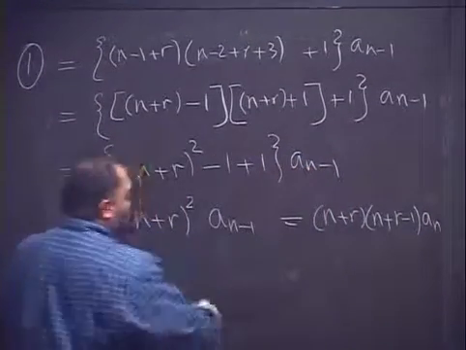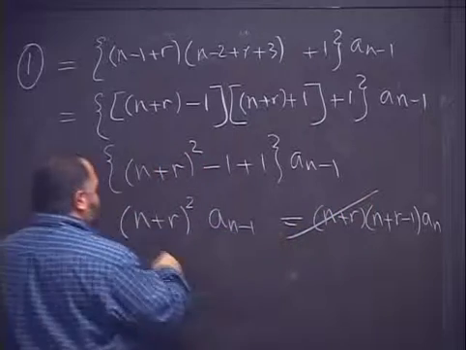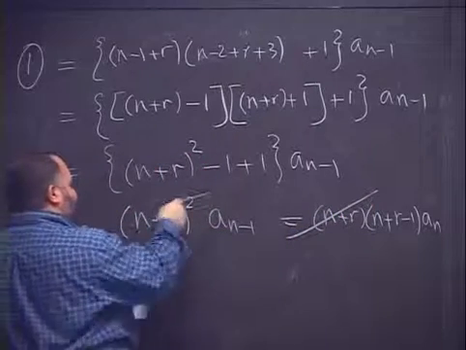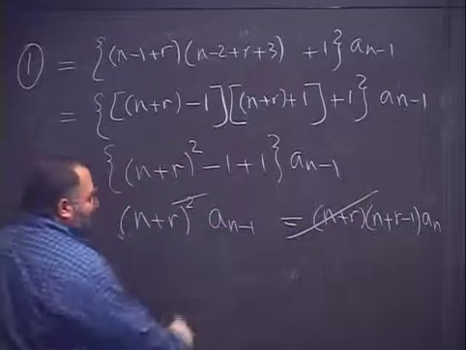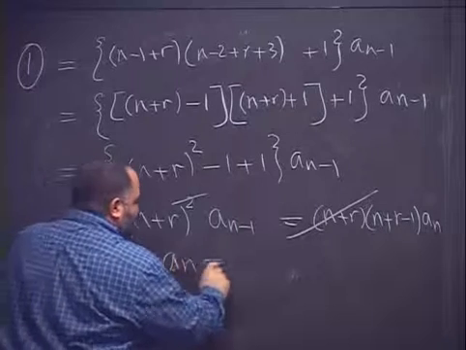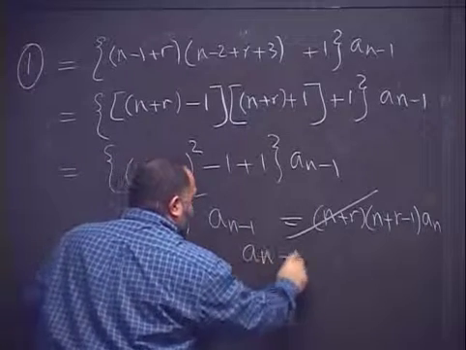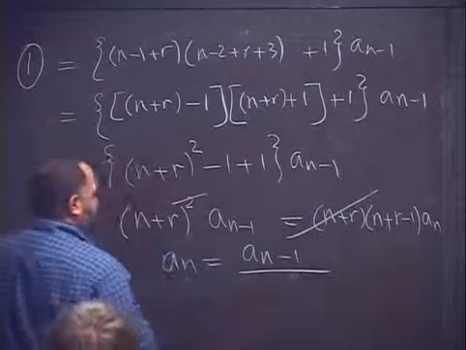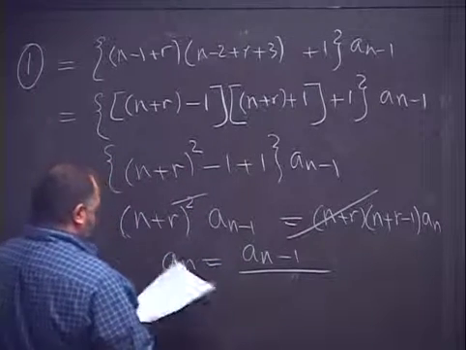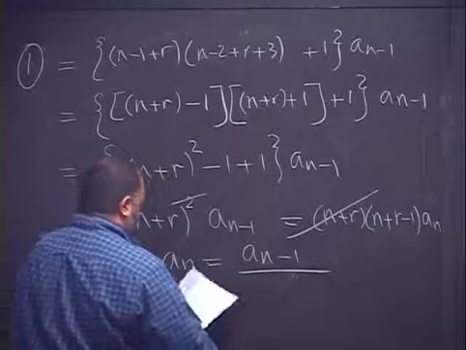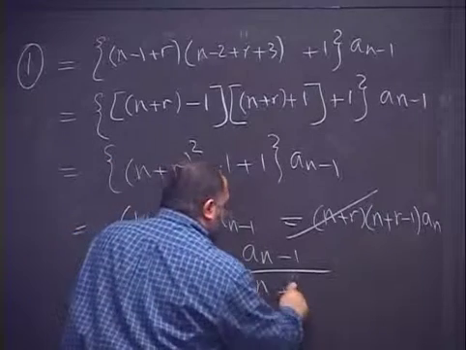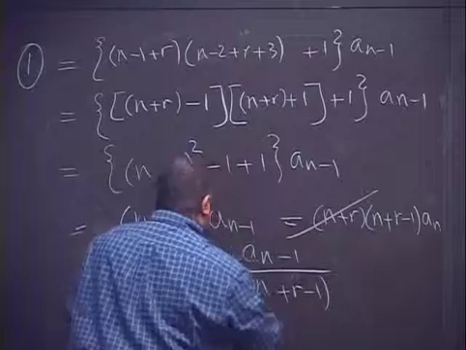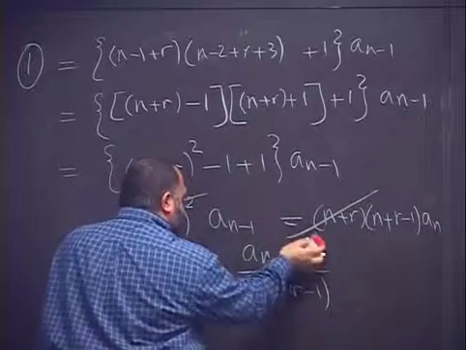So you have here n plus r, and here you have (n plus r) squared. So it will cancel, and you will have a_n equal to a_(n minus 1) divided by (n plus r minus 1) multiplied by (n plus r).